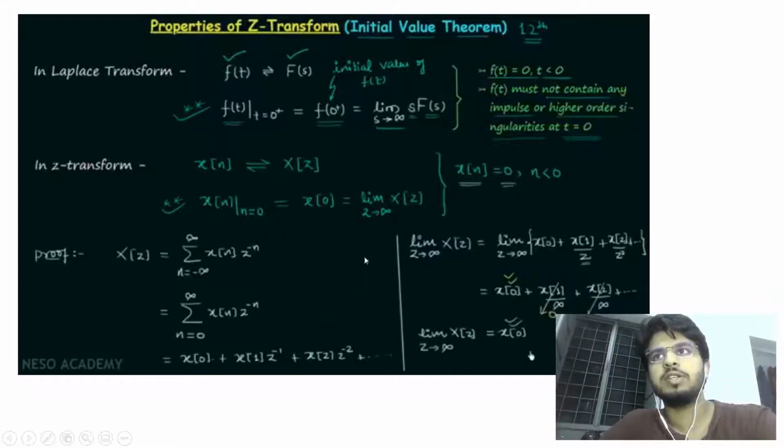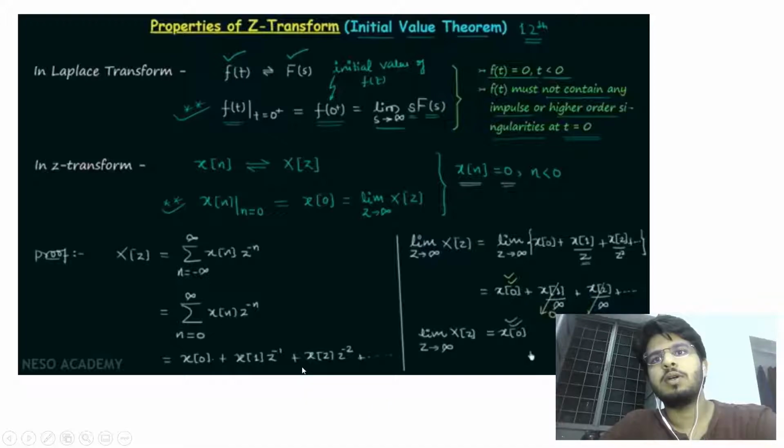Because all of the terms having n less than 0 have to be 0. That's the prerequisite condition of finding an initial value for the input signal if we're given the Z transform. So that will be 0. That's why n equals 0 to infinity has been taken here.